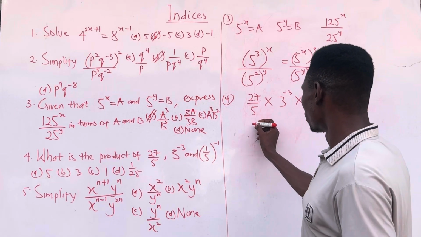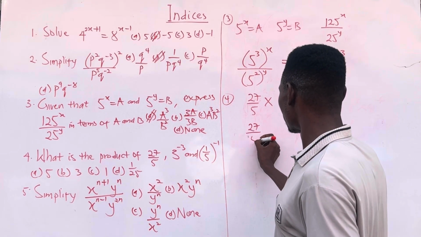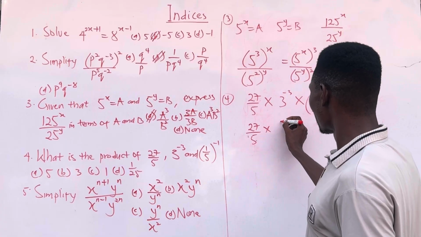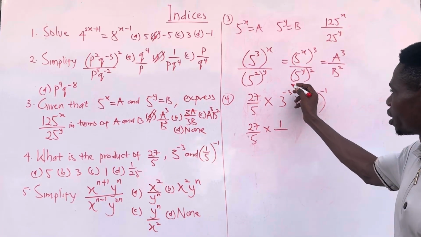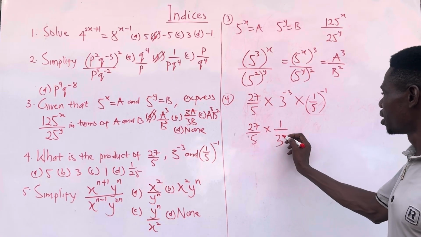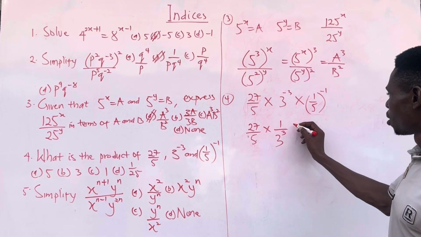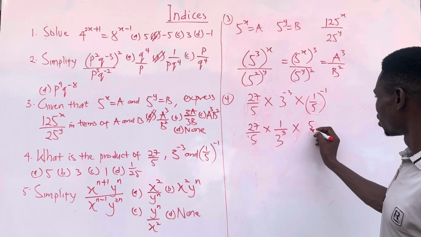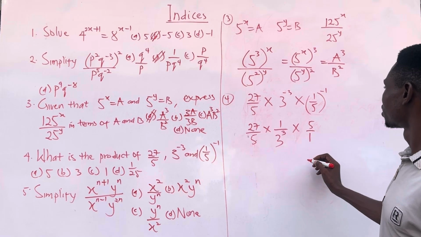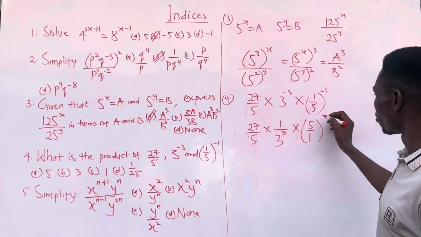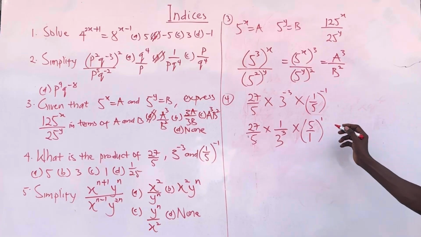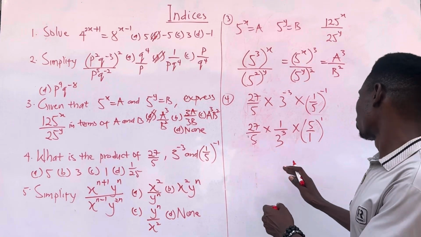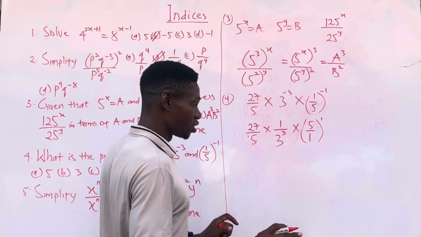So this gives us 27 over 5 multiplied by, remember our negative index law, 1 over 27, multiplied by the same index law, we have 5 over 1, raised to the power negative 1 becomes positive 1, which we don't even have to write. So let's just do one step before we get the answer for the sake of explanation.